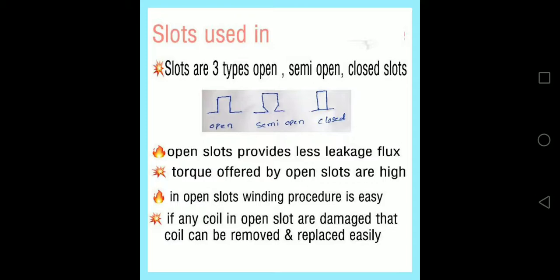When the current drawn is more, the torque developed is more because torque is directly proportional to current. So it is clear that in open slot, air gap more, reluctance more, flux is less, so to maintain flux constant, current drawn is more.